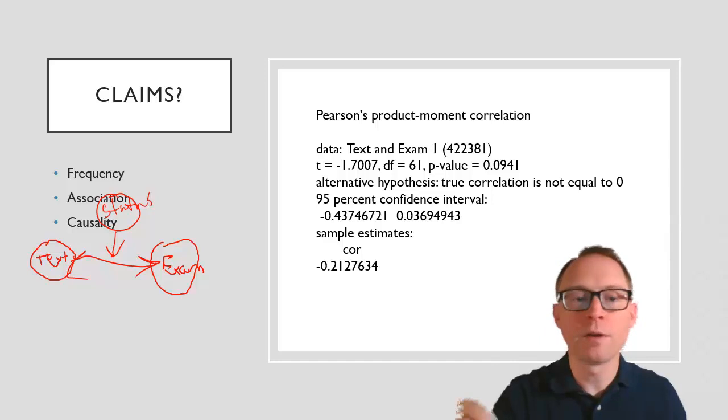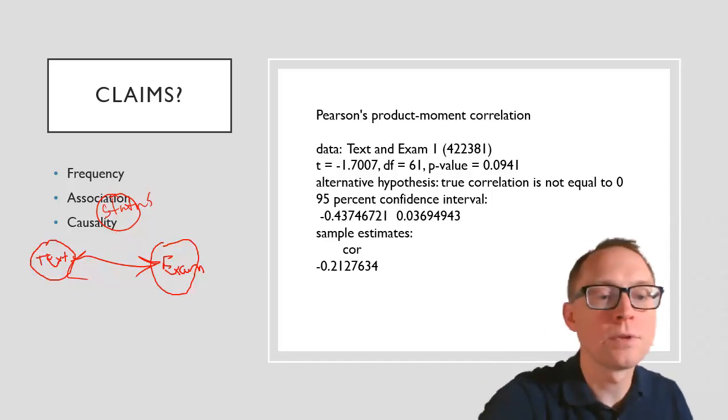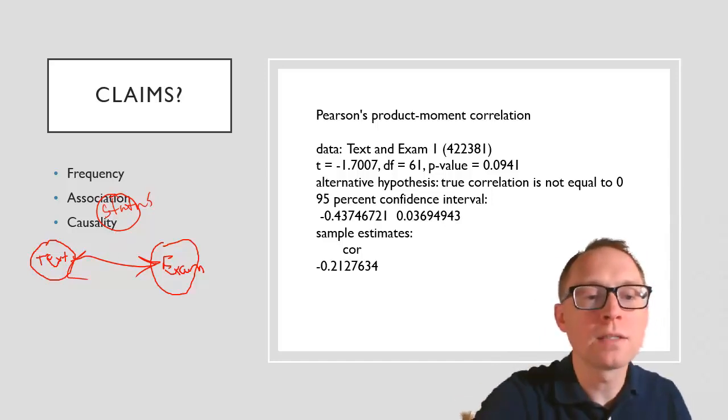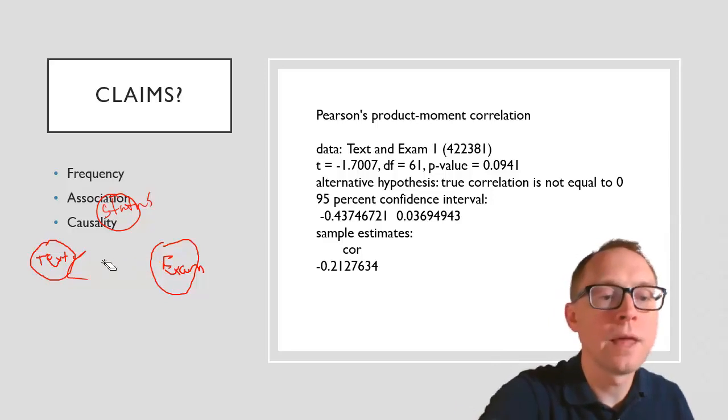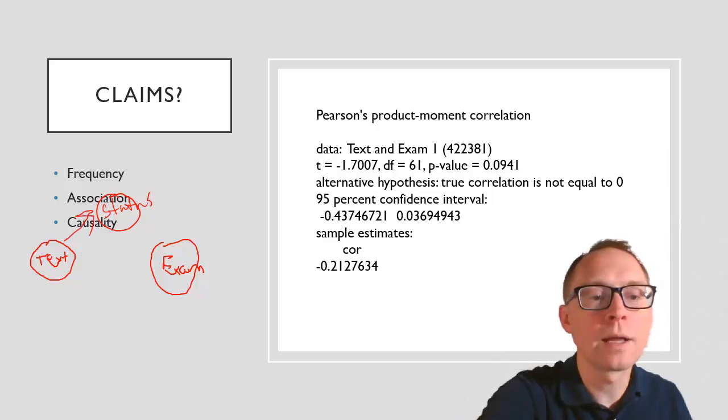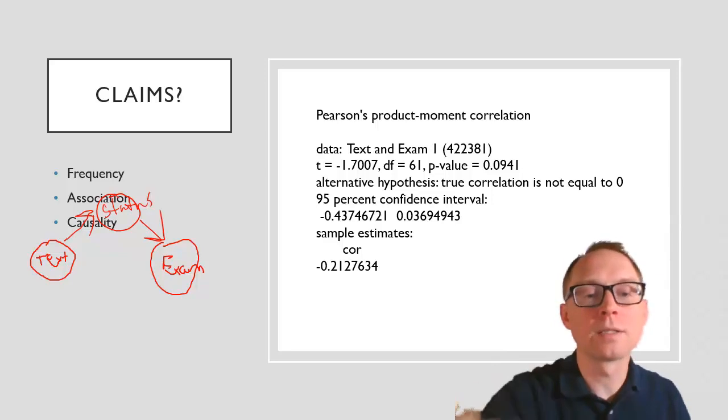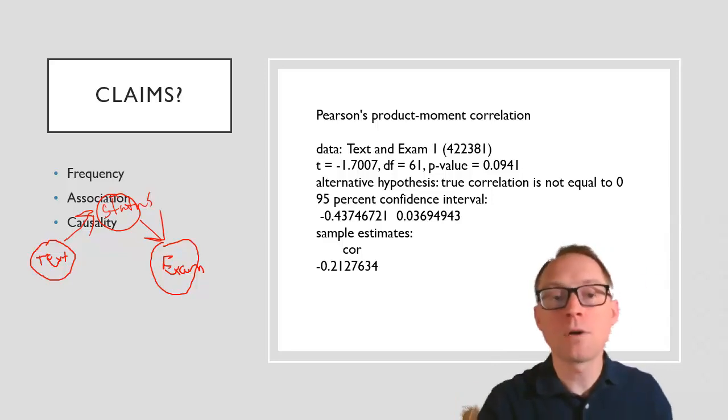Another way that third variables are used in studies is if you say, hey, what if I think that instead of that being the relationship, what happens is people who text more are more likely to be in a relationship, and people who are in a relationship do better on exams. That's no longer a moderated relationship. That's what's called a mediated relationship.